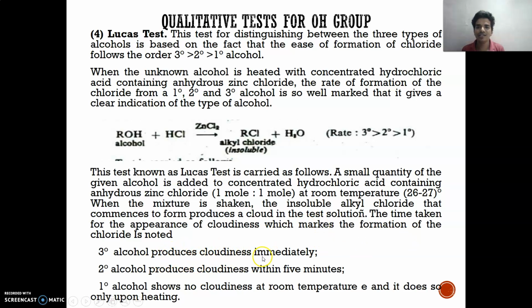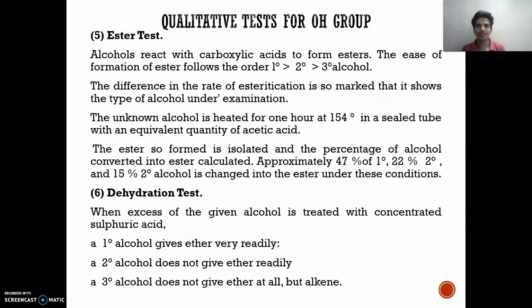Tertiary gives cloudiness immediately, secondary gives a cloud after a few minutes, about 5 minutes, and in the case of primary no cloudiness is found. So the Lucas test is a very important test, and easy identification of primary, secondary and tertiary alcohol takes place by this reaction.